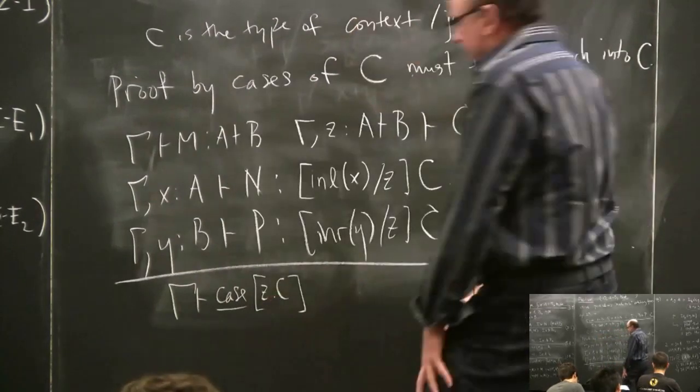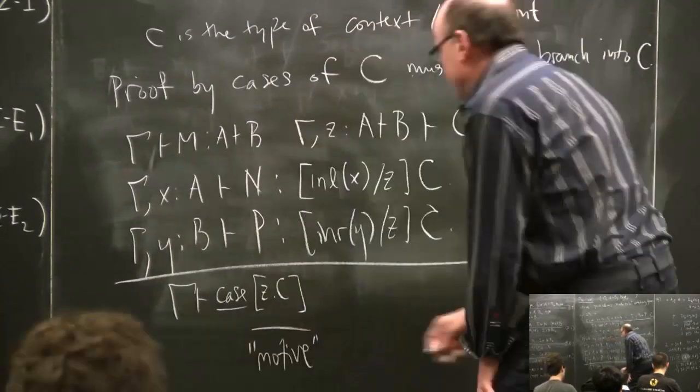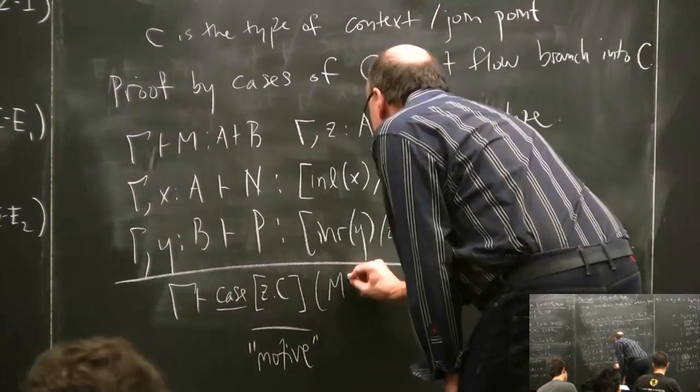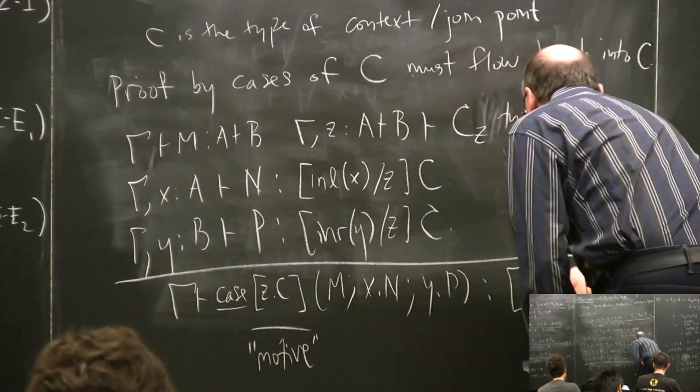I put in brackets. This is called, by the way, we need this terminology, the motive, and I'll explain why in a minute, of M x dot n y dot p is in what? M for ZC.